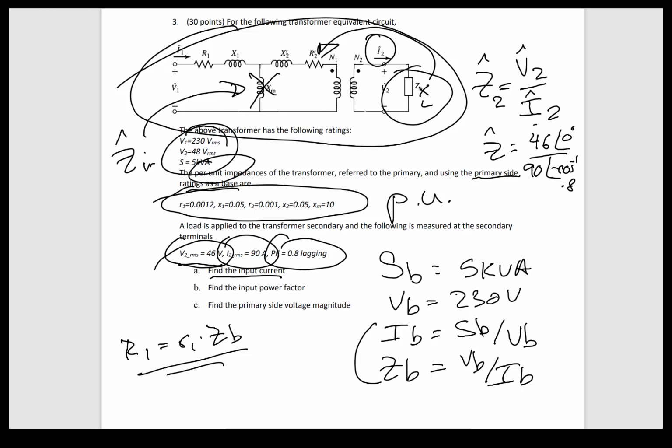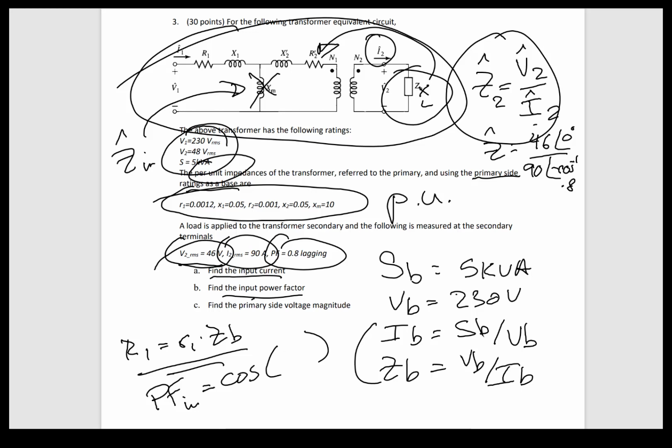But at least you're not giving me a completely bogus answer, because a lot of people had an input power factor, which I asked for, of cosine of something very close to 90 degrees. That cannot be right, okay?